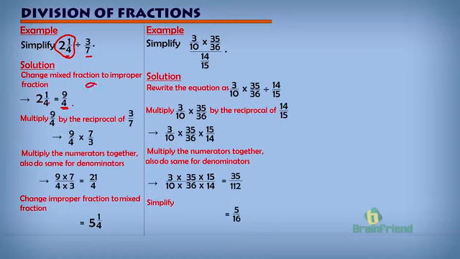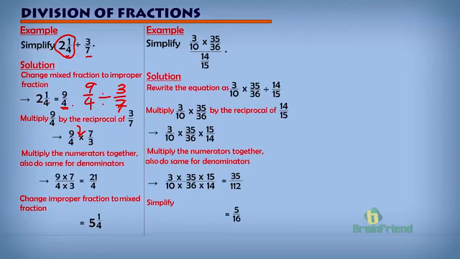Next, we can rewrite our question as 9 over 4 divided by 3 over 7. The rule says that our division here turns to become a multiplication operation, while our 3 over 7 is rewritten as its reciprocal. So we write 7 over 3 instead of 3 over 7.